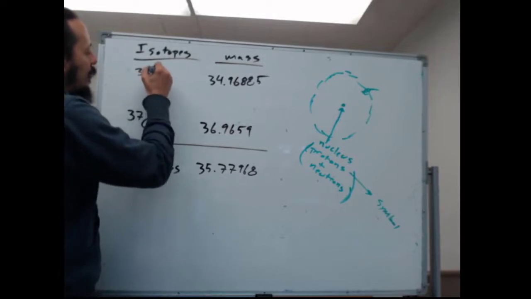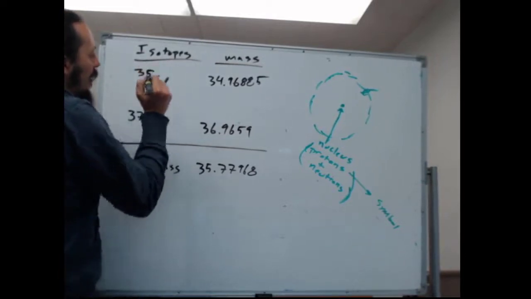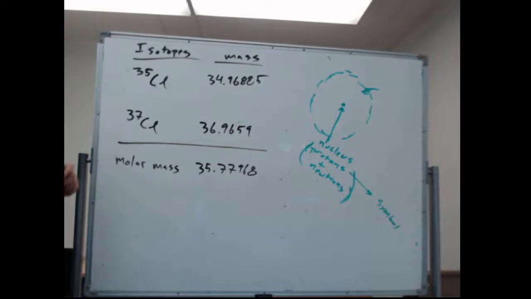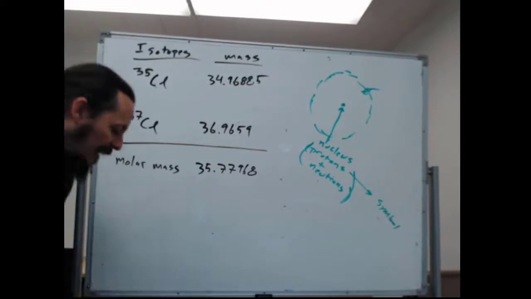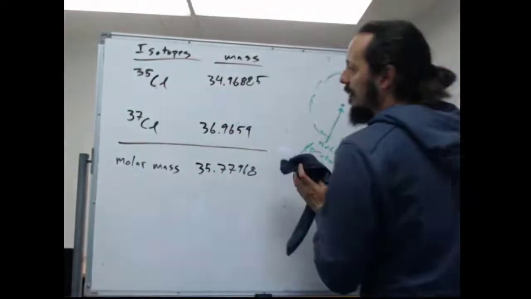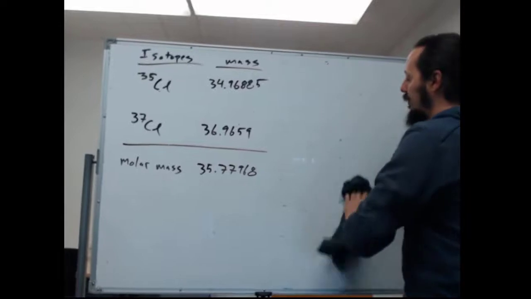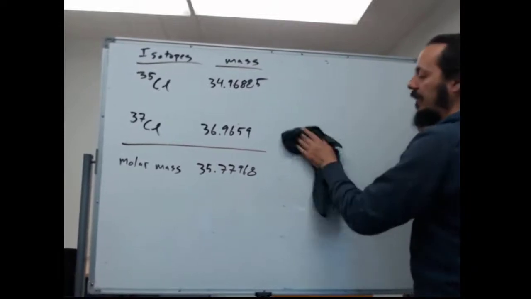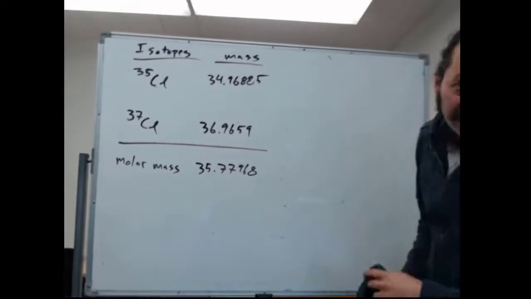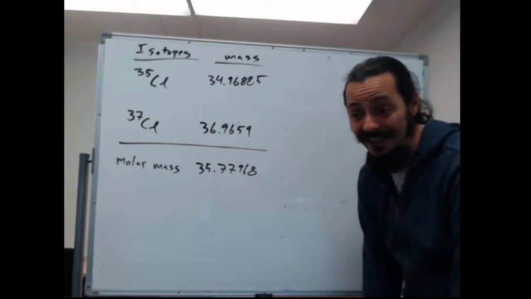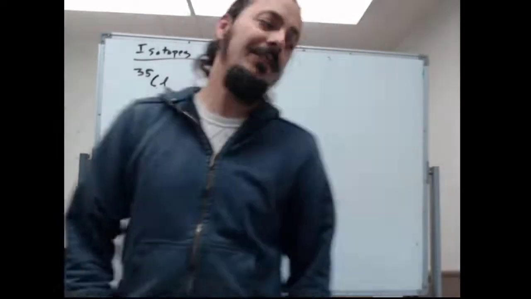The why gets into nuclear physics, a little bit beyond the scope of this class, but there's a reason why there's not a chlorine-36 that we see in the natural world. It's really fascinating stuff, but not what we want to talk about right now.